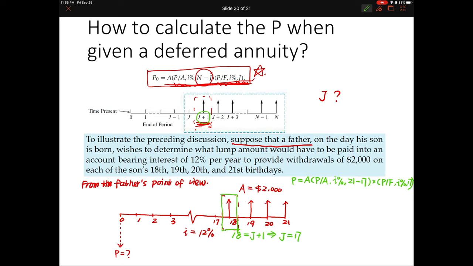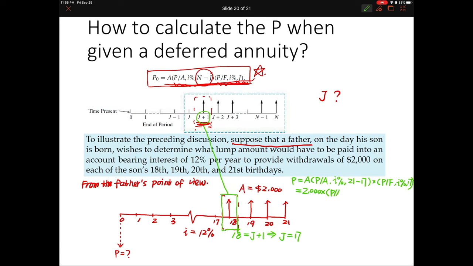Okay, now you understand why I say J is very important. And you got to find a way to find out J. And the way you find it out is you compare this, the first annuity, when it happened, and use that year minus 1. That's your J. Okay? So let's continue. A is 2,000.